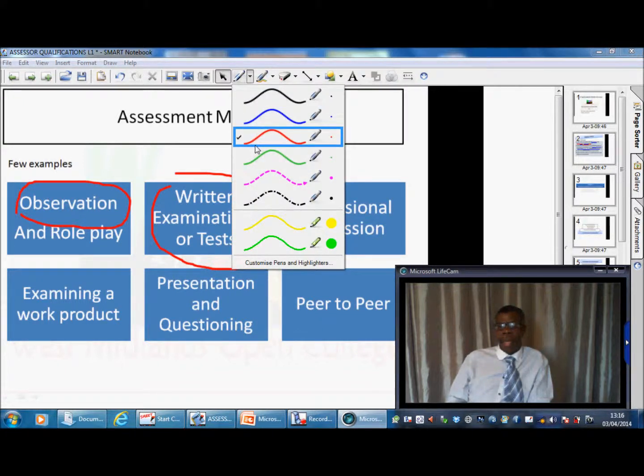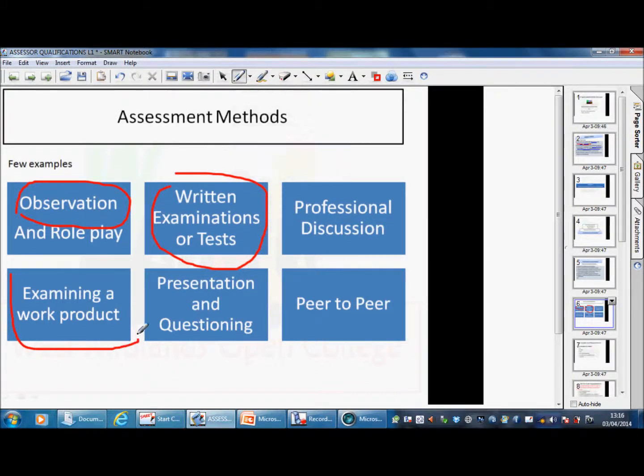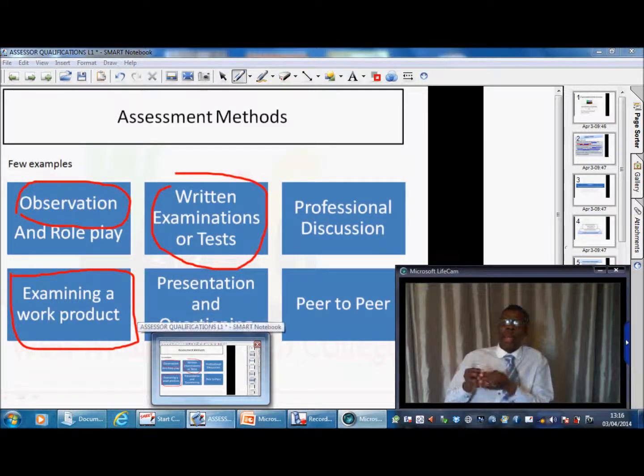There are some candidates, for some of you who might be involved in engineering or technology. This is where they produce something, right? And you let them examine, and then they can be telling the assessor how this works.